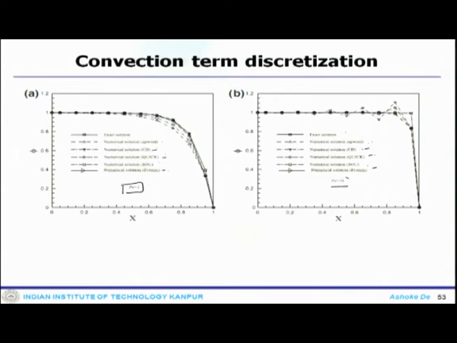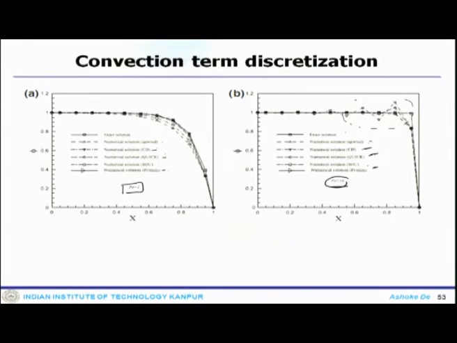When you look at CD, QUICK and Fromm, they show some wriggles in these locations of the solution. Here the solutions obtained by the first order upwind and the second order upwind have profiles closest to the exact solution.